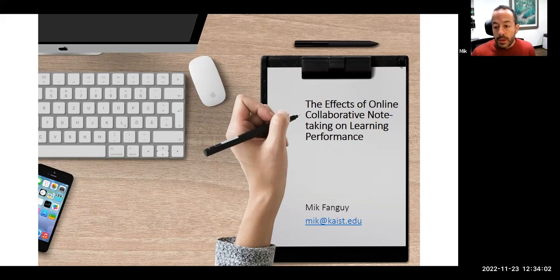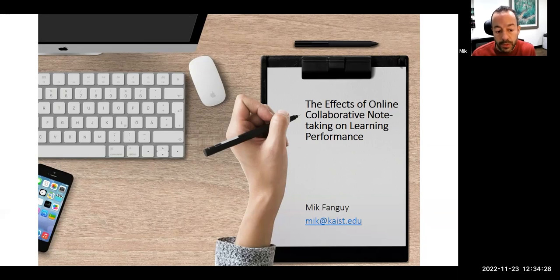So I'm going to talk to you today about collaborative note-taking and its effects on learning performance. This is the topic I've really been working with for a couple of years now. This is what I've been publishing papers on. And I think it could be interesting for you to learn more about collaborative note-taking if you might want to try something like this in your classes.